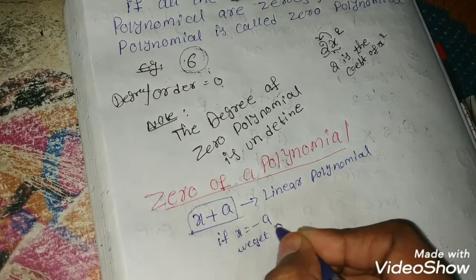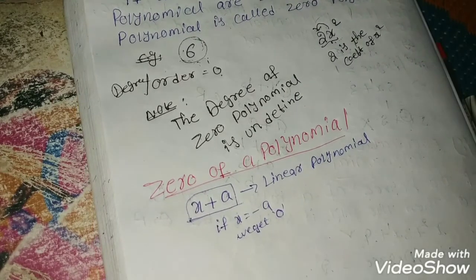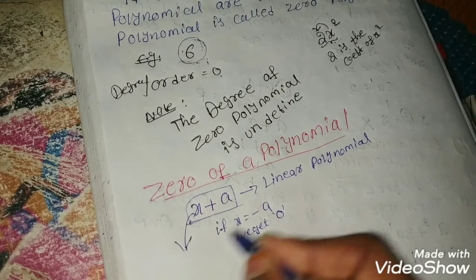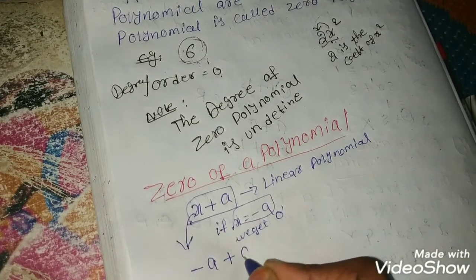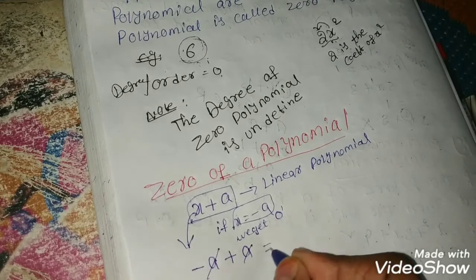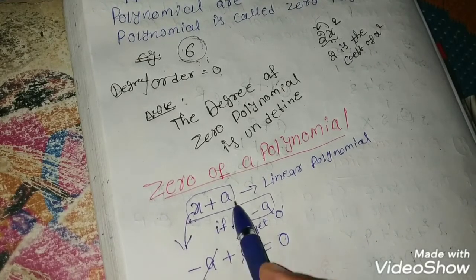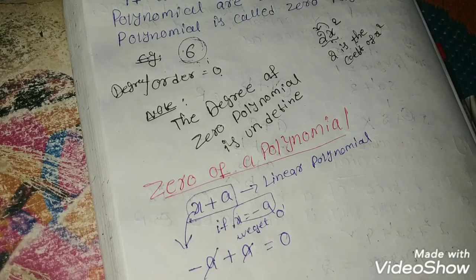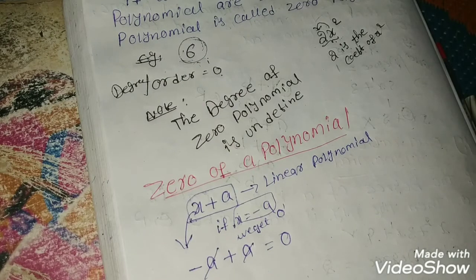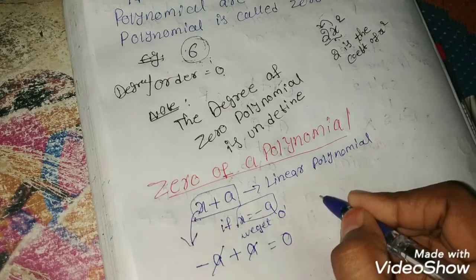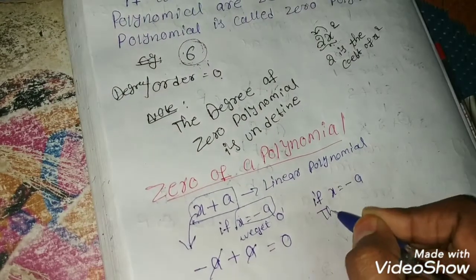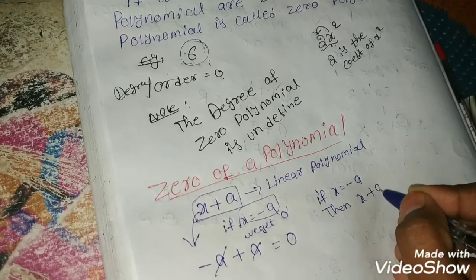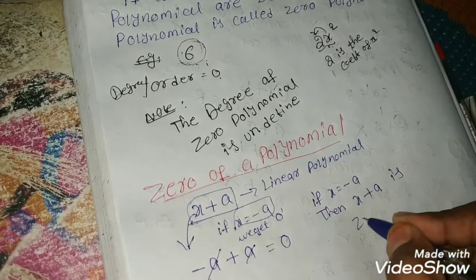How? Put the x value as minus a: minus a plus a is nothing but 0. Then x plus a is a zero of the polynomial. If x is equal to minus a, then x plus a is 0.